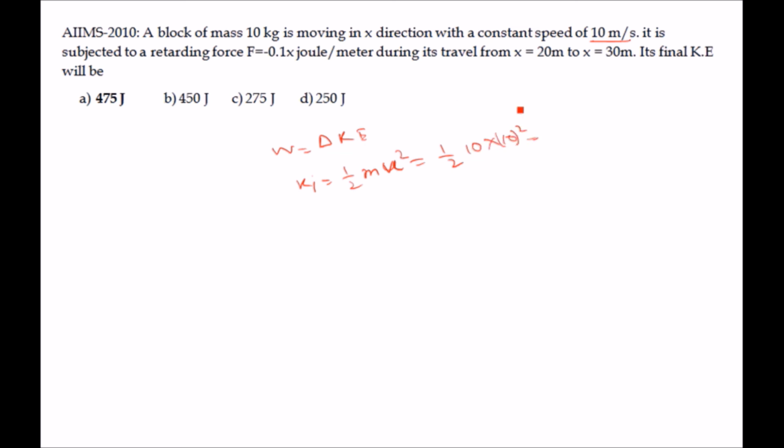So we get Ki is equal to 10 into 10 into 10 divided by 2, and the value is equal to 500 joule. So this is our initial kinetic energy. We have to calculate the final kinetic energy, and for this we first calculate the work done during its travel from x is equal to 20 meter to x is equal to 30 meter.